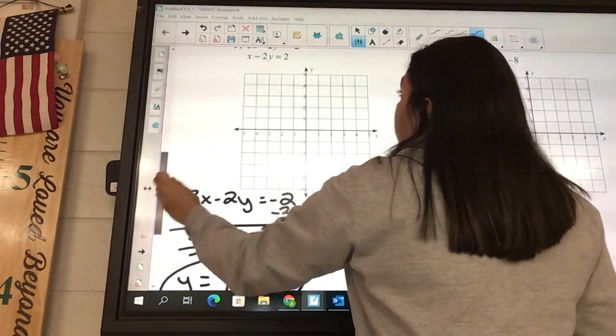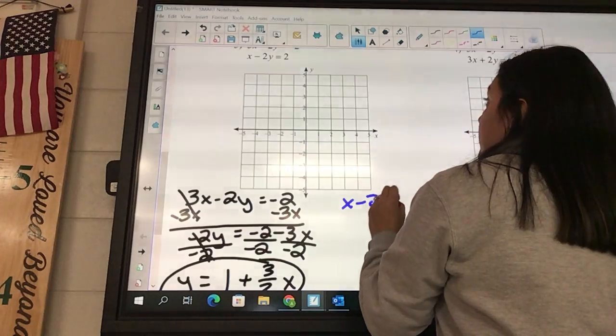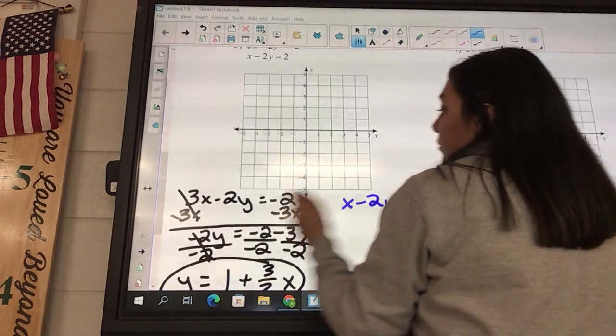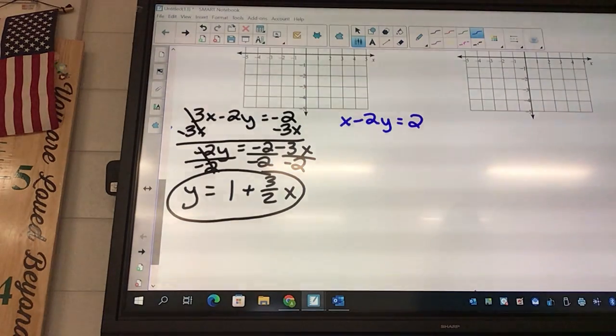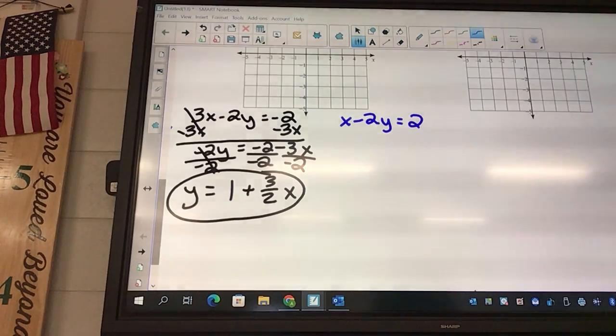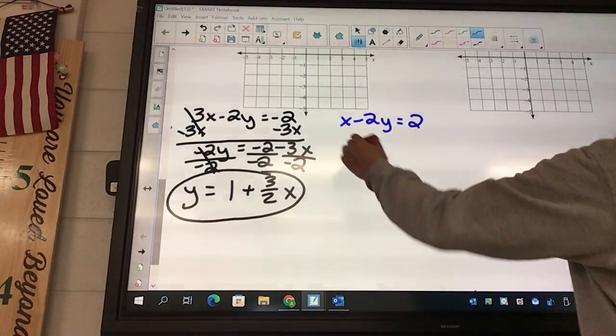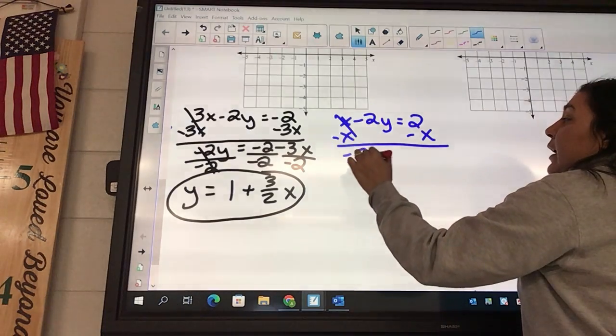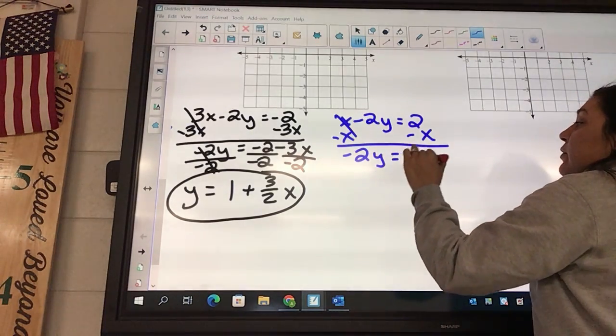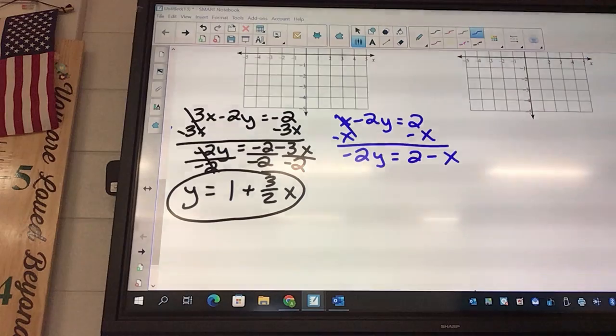Line 2 says x minus 2y equals 2. Erica, put that up. We say minus x, minus x. So I got -2y equals 2 minus x.